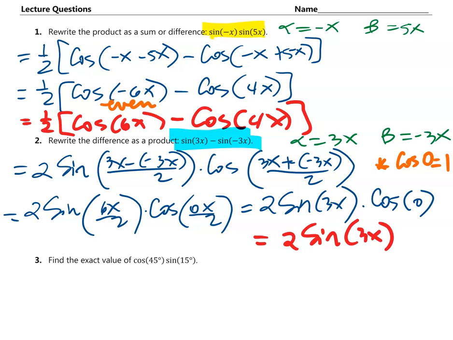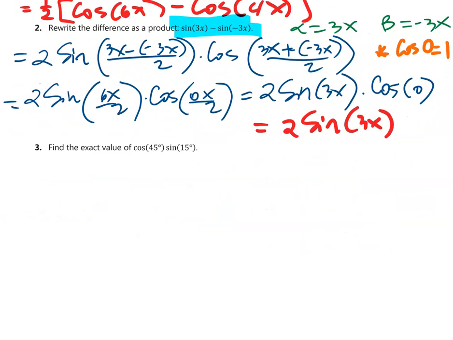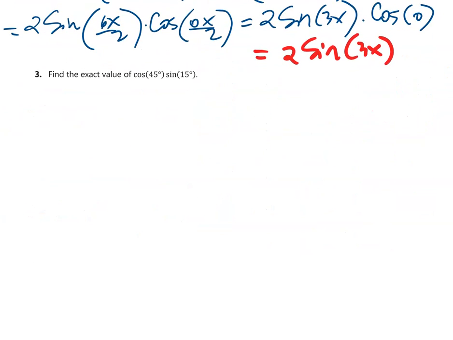Okay. All right. And last one, number 3. Find the exact value of cosine 45 degrees sine 15 degrees. So again, here alpha is 45 degrees and beta is 15 degrees. Cosine sine. So take a look at the formulas.